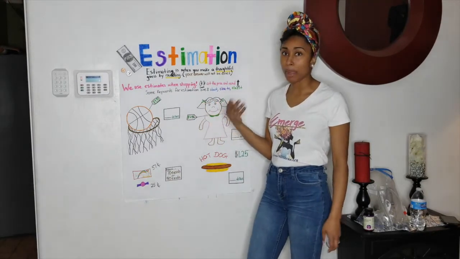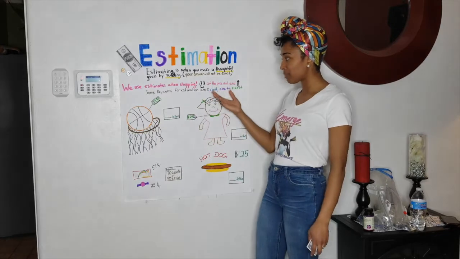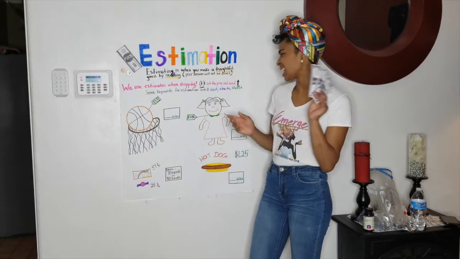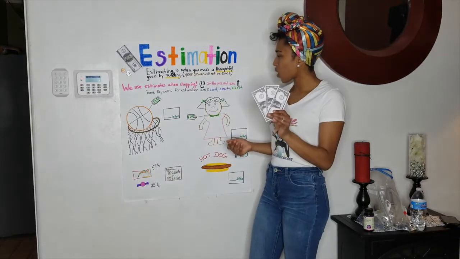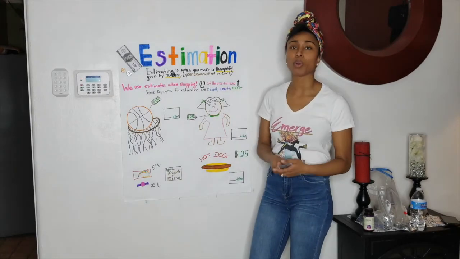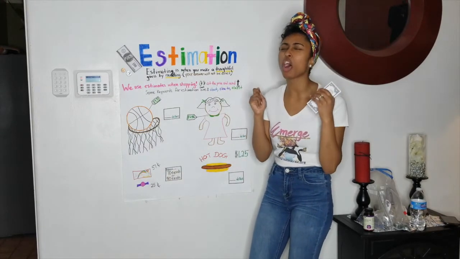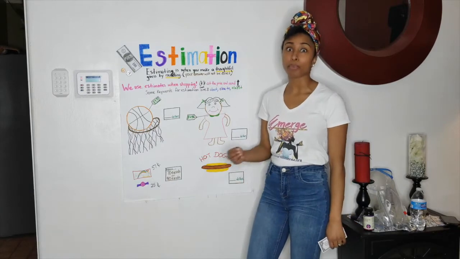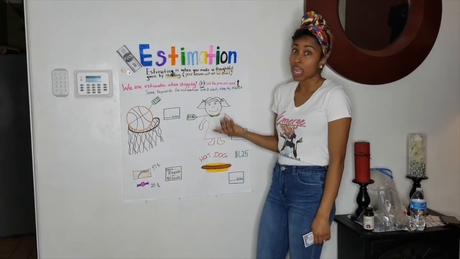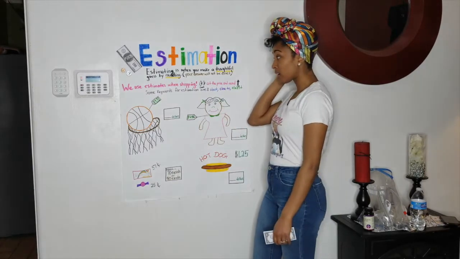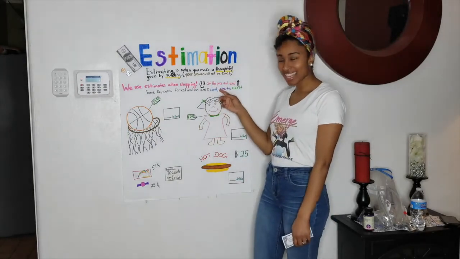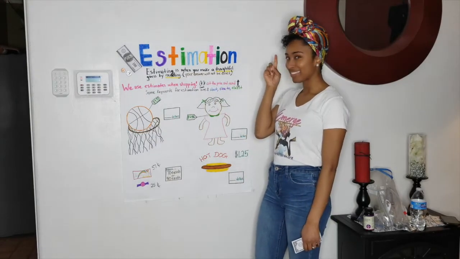Some key words for estimating are about, it's about $3, or it's close to $3, or it's almost $3. Those are words that we can use when we are estimating, making a very thoughtful guess about what the price is going to be. Now, we use estimates when we're shopping. We look at the price and then we round up, okay?